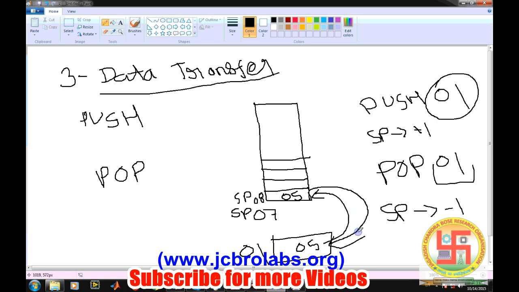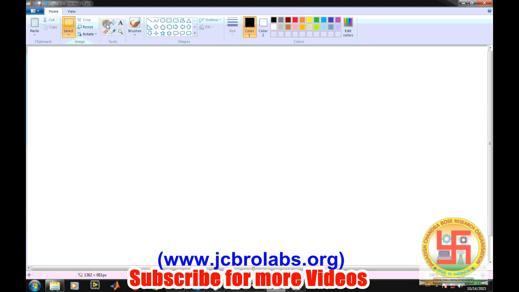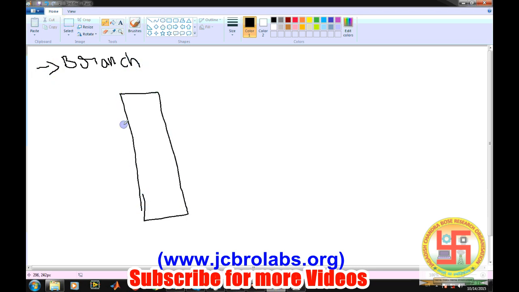Now there are the most commonly used branching instructions. Branch instructions have very important significance. Suppose this is your code, and the normal logic flow of the code is that it executes one instruction after another.